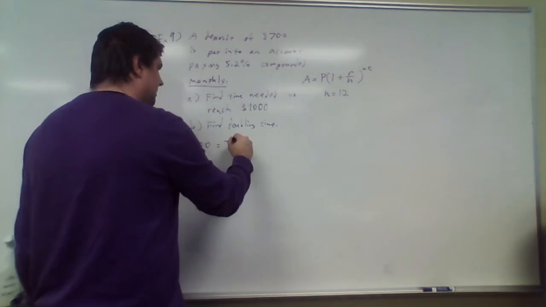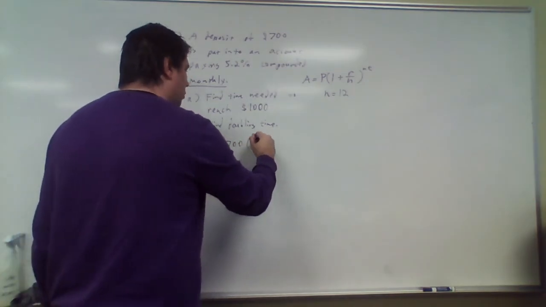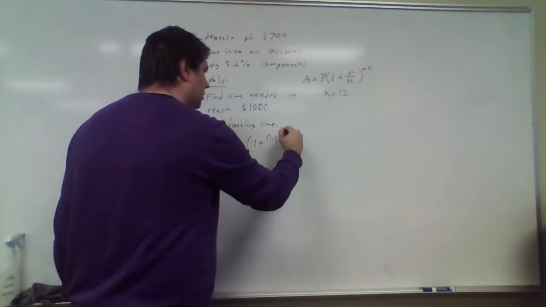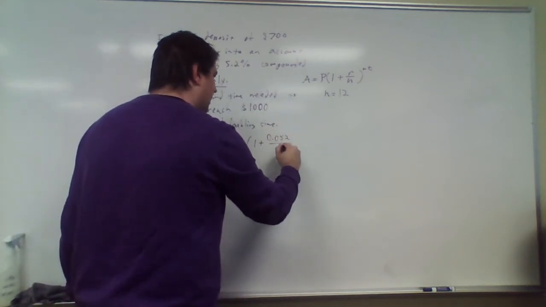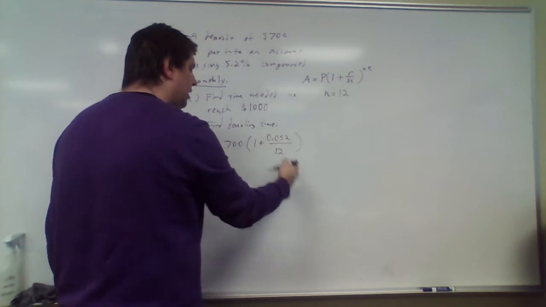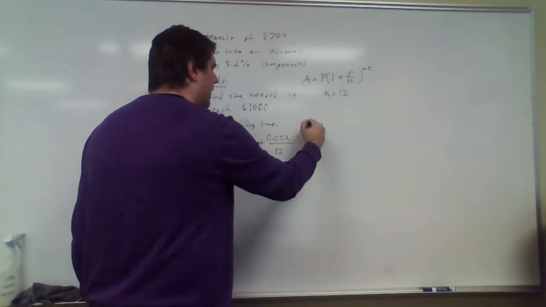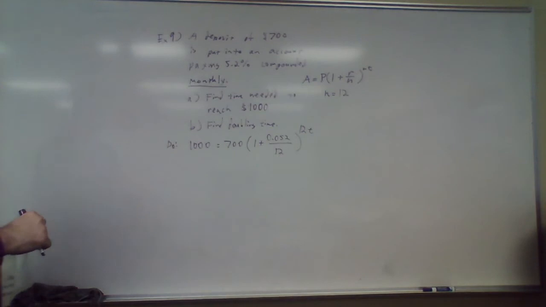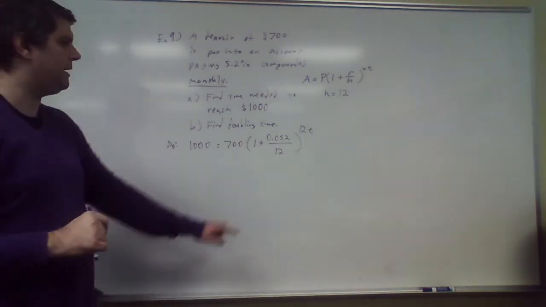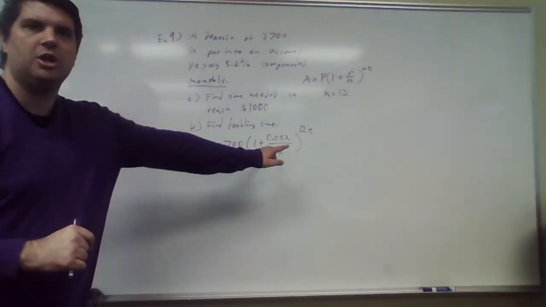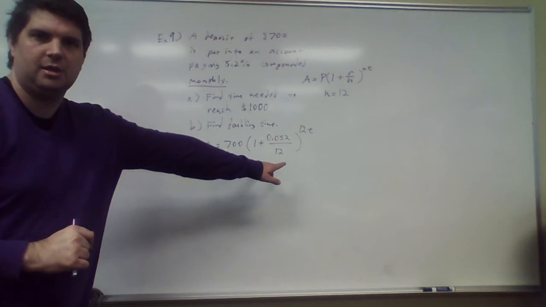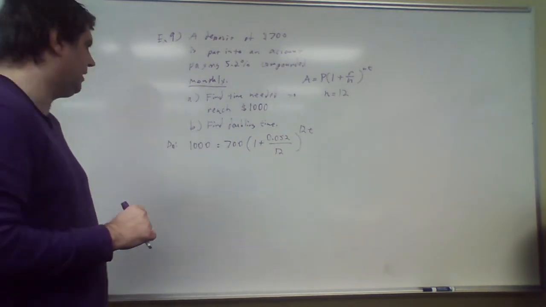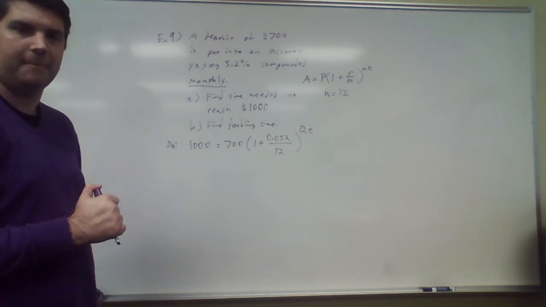So I want the accumulated value to reach $1,000. The initial deposit is 700 times 1 plus 0.052 divided by 12, because n is 12. That 12 down here will also be up here. And the t is unknown. That's the question. Because this doesn't round cleanly, you're going to want to leave it the way it is, because money is a very exact thing, especially in banking and investment companies.